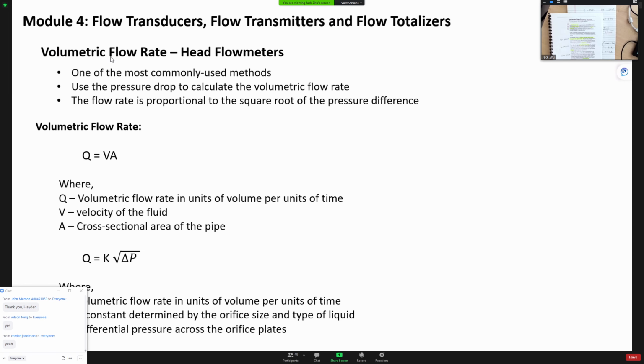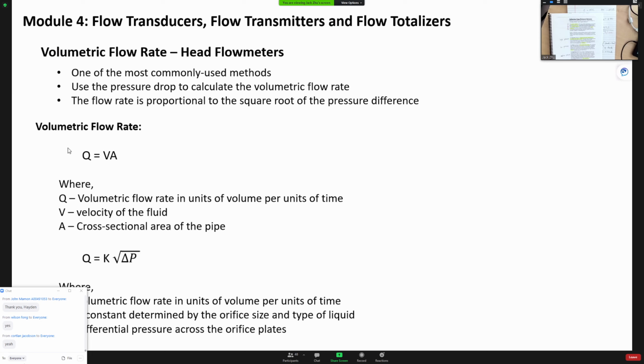First is volumetric flow rate. They call it a head flow meter. They use the pressure drop between the 2 points to calculate the volumetric flow rate. The flow rate is proportional to the square root of the pressure difference. Here is one of the formulas they're using.